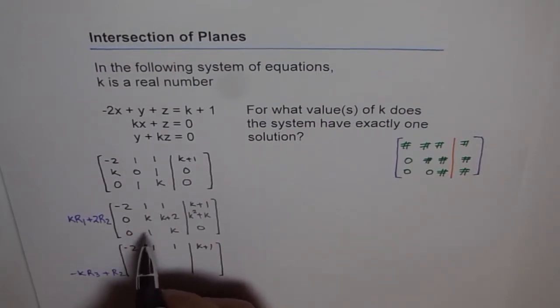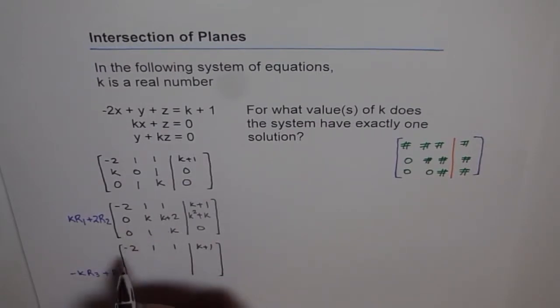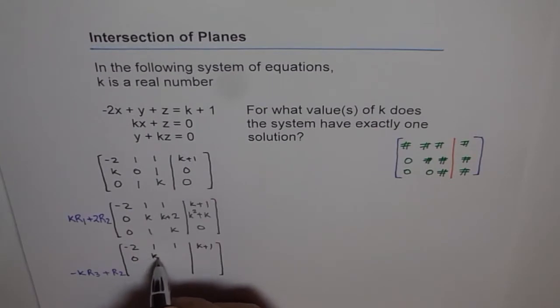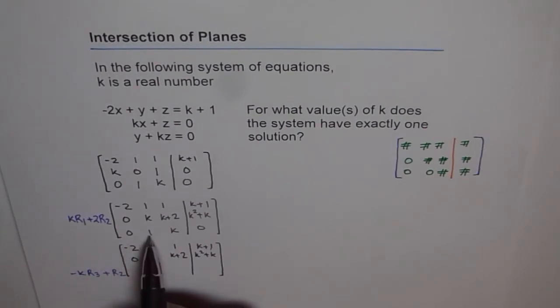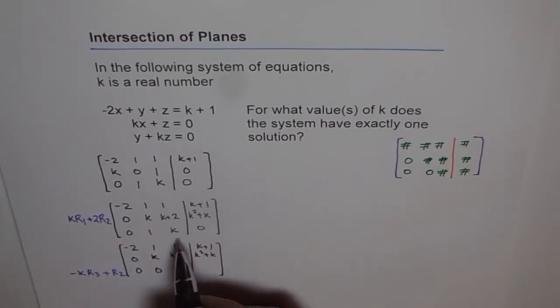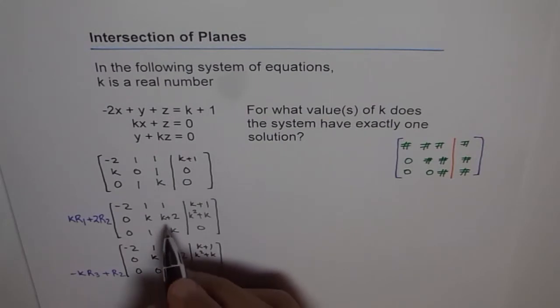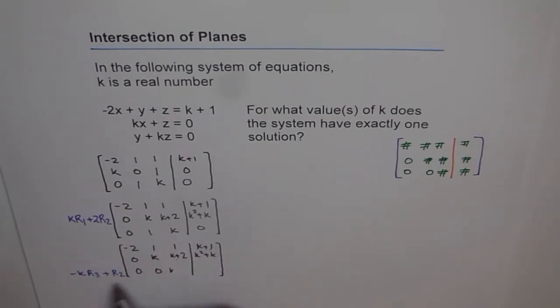So we are not doing any operation with the second row, so let me copy the second row as such. And when I multiply R3 by minus k and then add this up, I get 0 here, right? And in this place I get k square. So let me first write this.